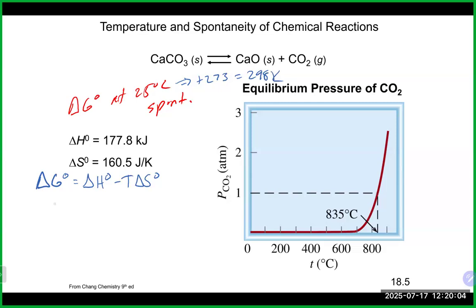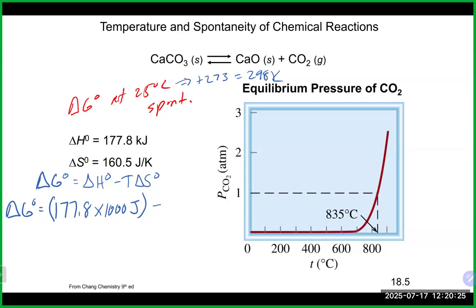We can put our values in, and our delta G in this case would equal 177.8. I am going to multiply mine by 1,000, and I'm doing that just to convert it into joules, so my delta H is in joules as well as my delta S. So everything will work out.